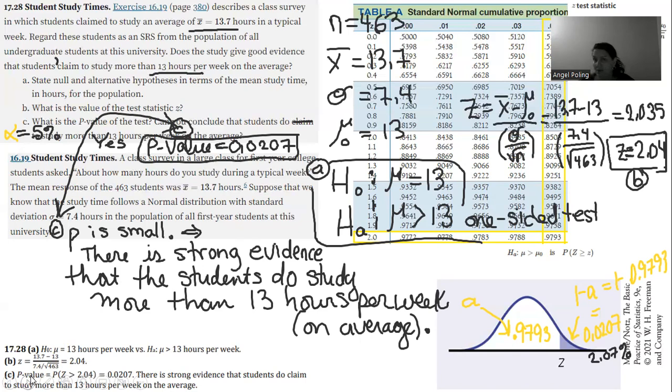So maybe we should be writing the units the way the book is doing it. Look at the answer for A. They're saying 13 hours per week. So maybe we should be putting hours per week on our stuff too, right? Because usually if the coordinator does that on the test, it's worth a point or so.